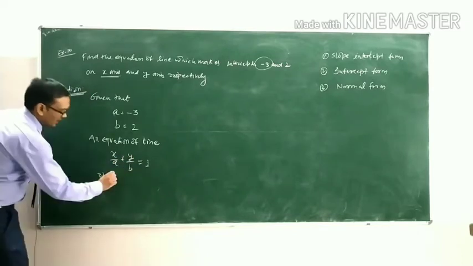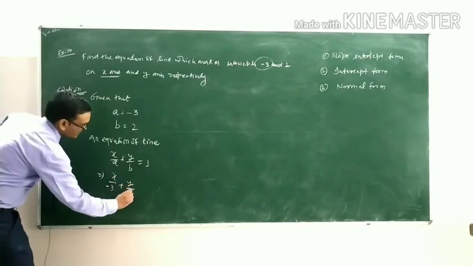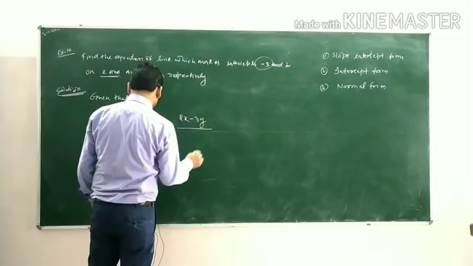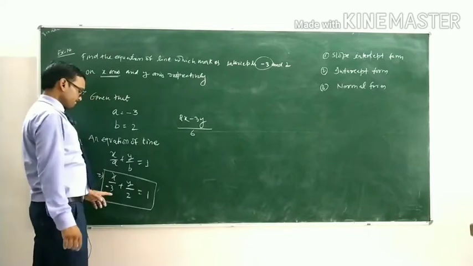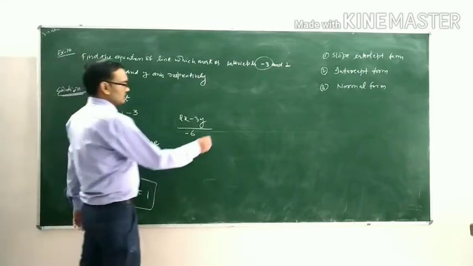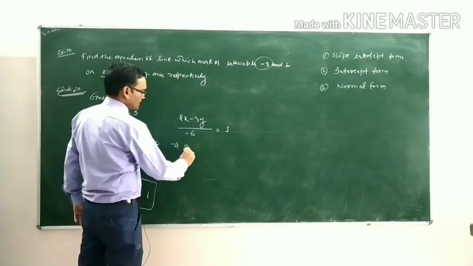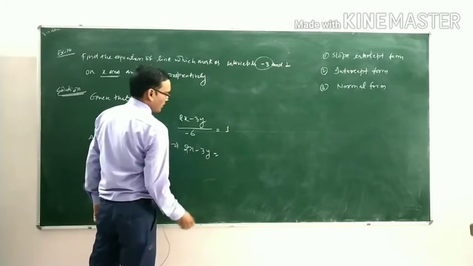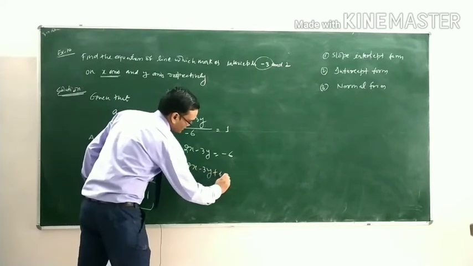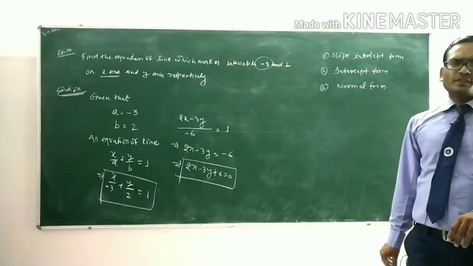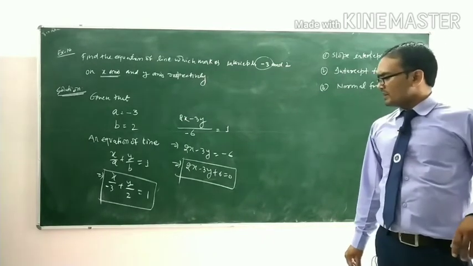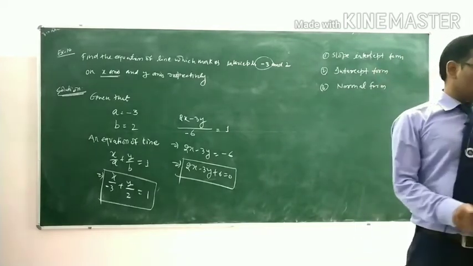This implies that x upon minus 3 plus y upon 2 equal to 1. Taking the LCM 6, okay students, this implies that 2x minus 3y upon minus 6 is equal to 1. This implies that 2x minus 3y equal to minus 6. This implies that 2x minus 3y plus 6 equal to 0. The equation of the line is 2x minus 3y plus 6 equal to 0.